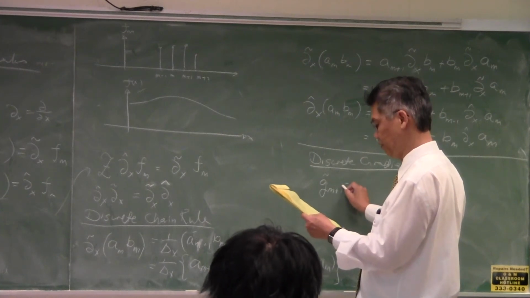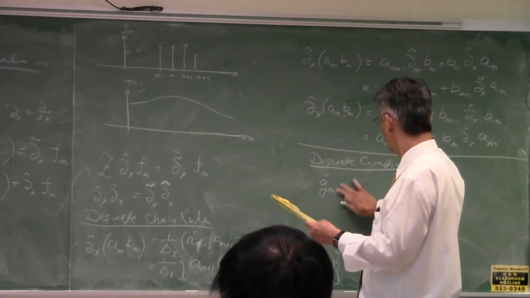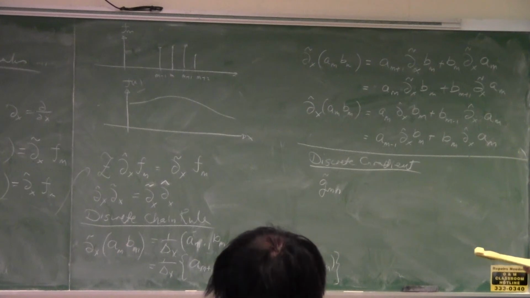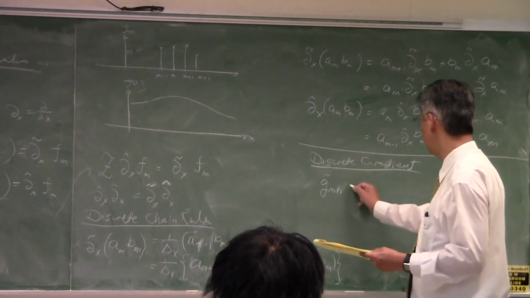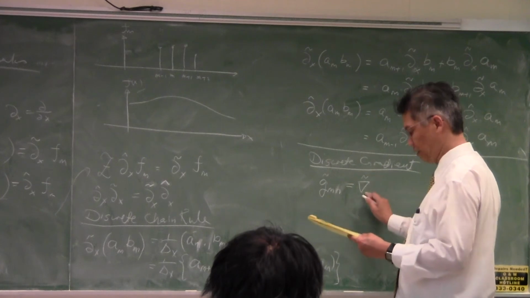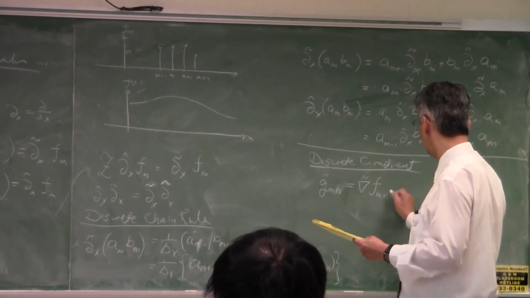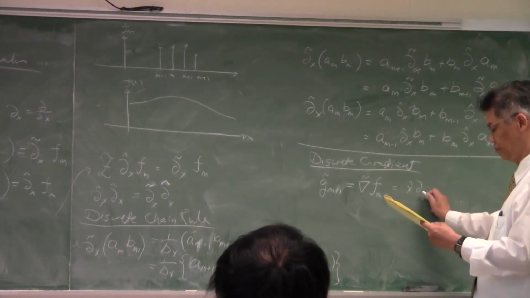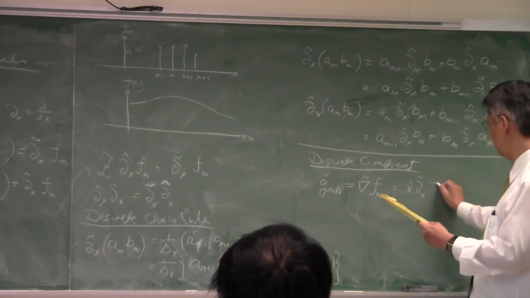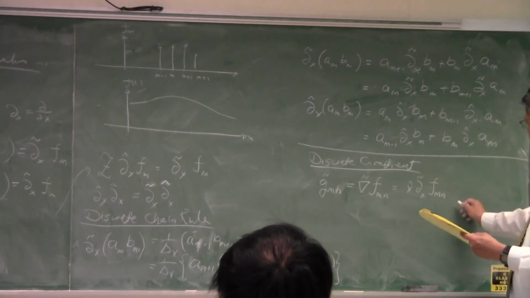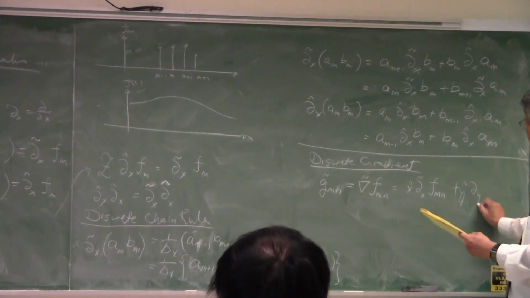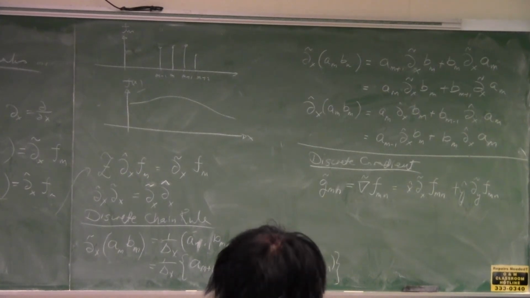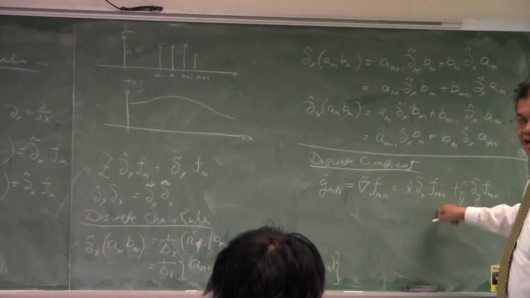Okay, which is defined on a two-dimensional grid, m and n. Instead of doing this on the one-dimensional grid, I would like to do this on the two-dimensional grid, and define the forward gradient of f_mn to be equal to the x component, x hat times the forward partial x of f_mn, plus y hat times the forward partial y of f_mn.